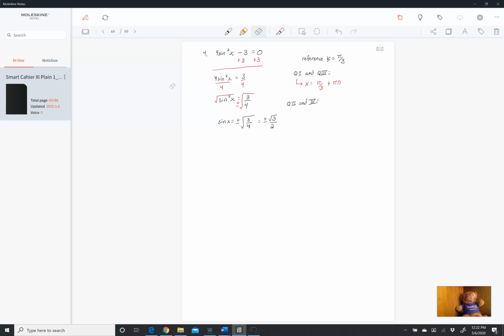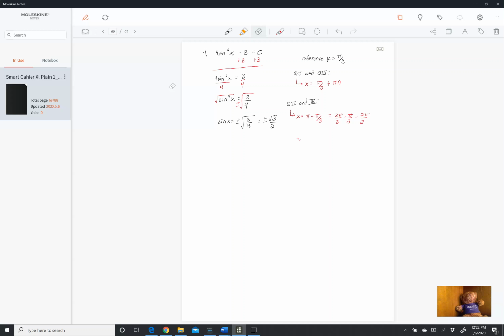Okay, and we only have to worry about quadrant 2 for the same reason. So in quadrant 2, it's not pi over 3, right? It's pi minus pi over 3. Well, that gives us 3 pi over 3 minus pi over 3, or 2 pi over 3.